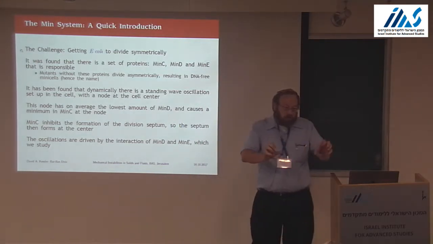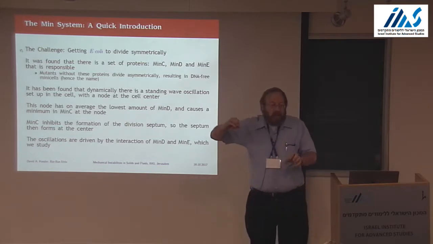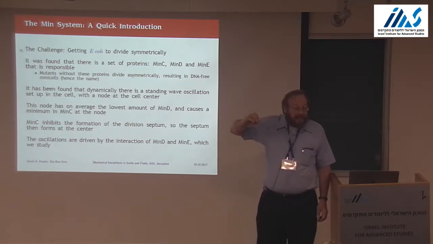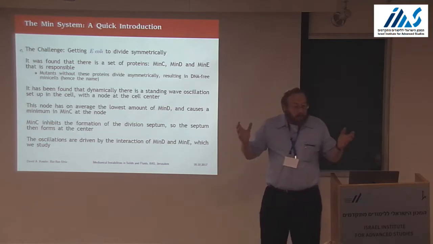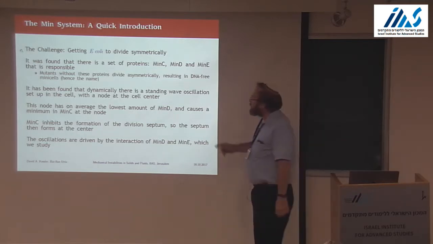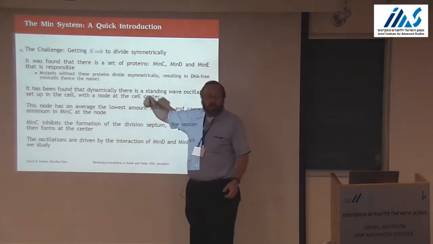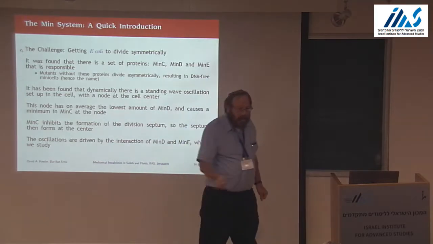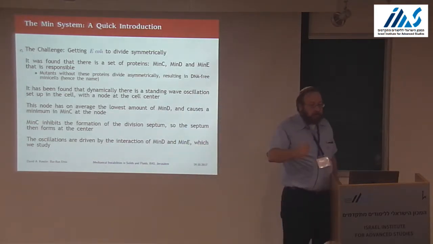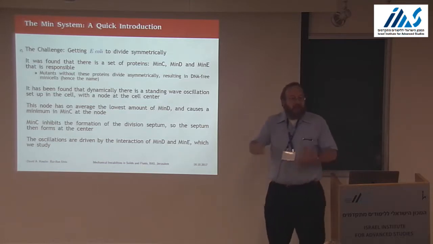Because you get a little pinch off of stuff and there's no room for the DNA, and so that's very bad biologically, obviously. That's why they're called Min: when you have a mutation and you knock these things out, then you get mini cells.